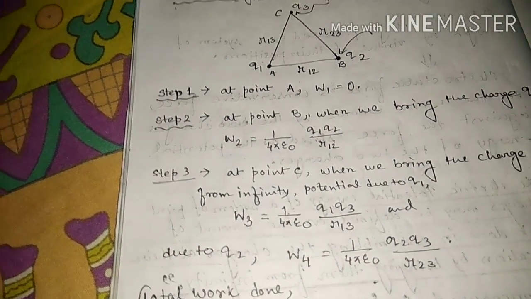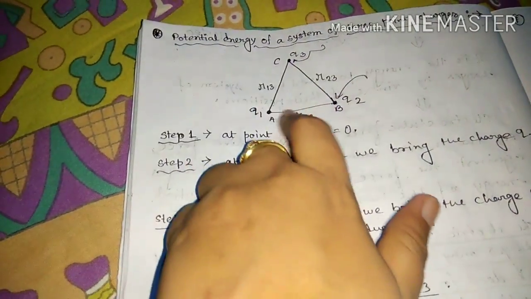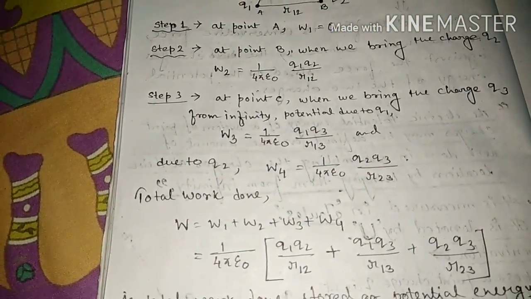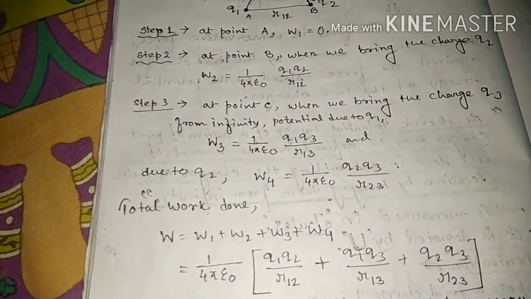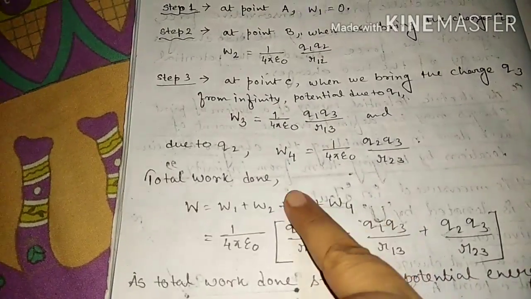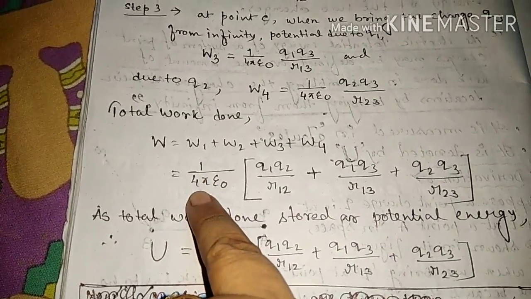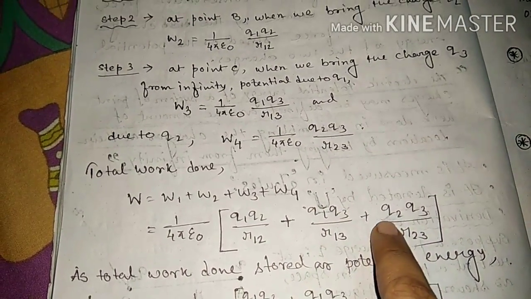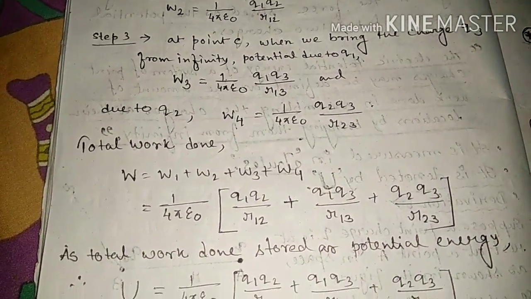Okay, so total work done. Now these three behave as a system of 3-point charges. So the total work done is W1 plus W2 plus W3 plus W4. W1 is 0, so we have only the other three. Putting in the values, we have 1 by 4 pi epsilon naught times Q1 Q2 by R12 plus Q1 Q3 by R13 plus Q2 Q3 by R23.